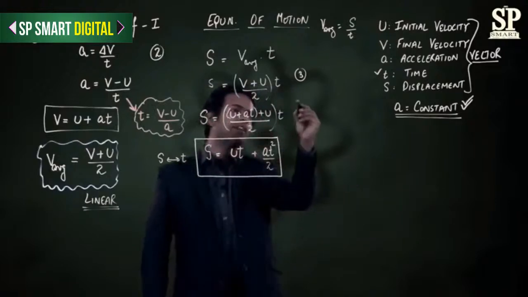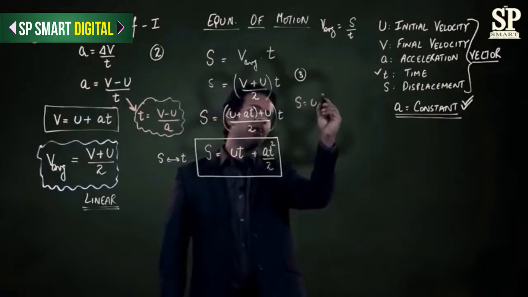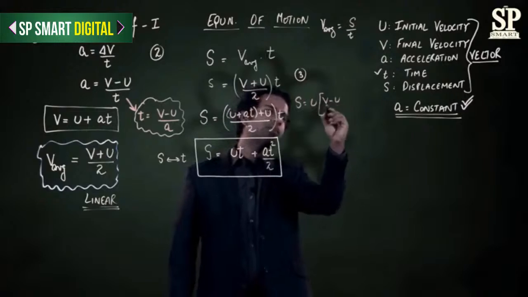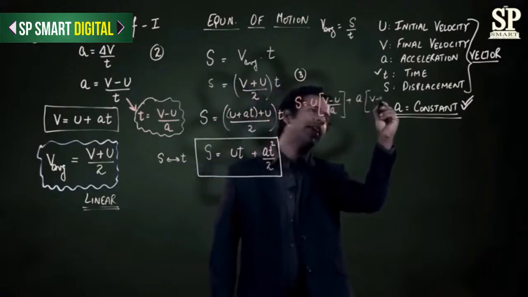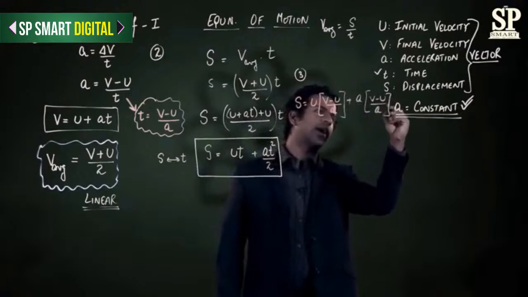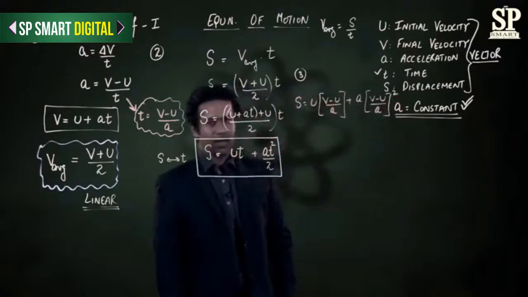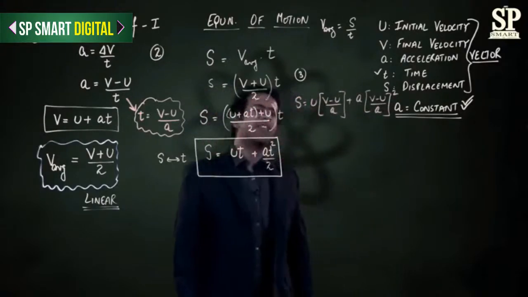Let's do that. So s becomes u into v minus u by a plus a into v minus u by a whole square. Once again, there is some simplification to be done.